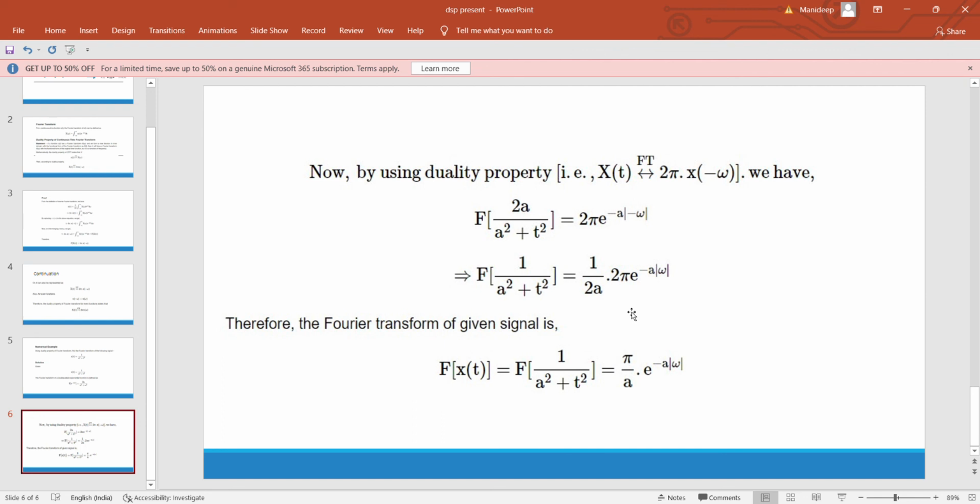Mod function is used to make an equation positive. That's the purpose of using mod function. Therefore, the Fourier transform can be written as F of 1 by a square plus t square equal to pi by a into e power minus a into mod omega.